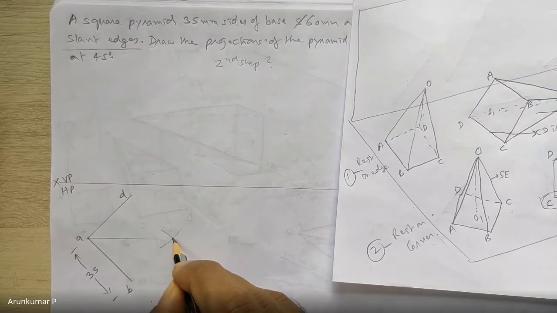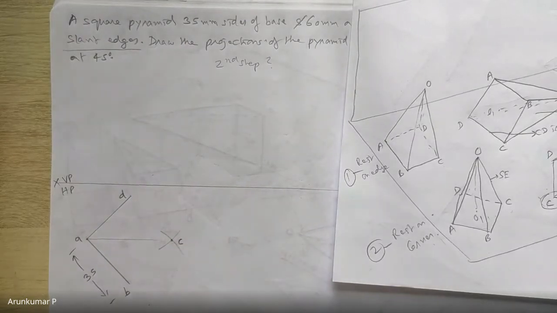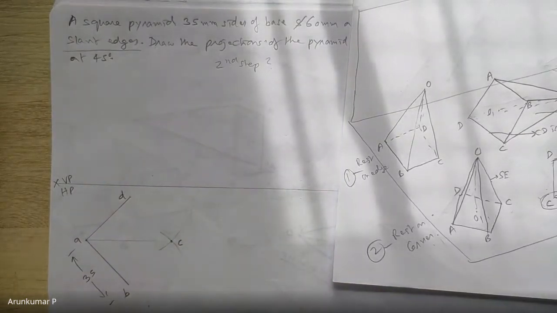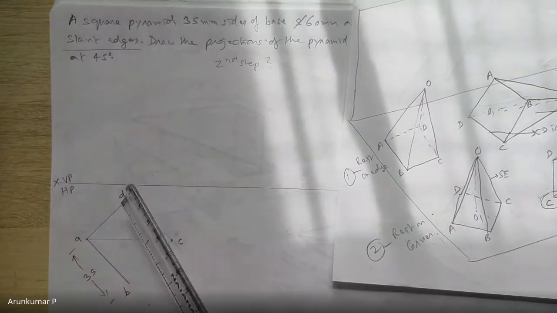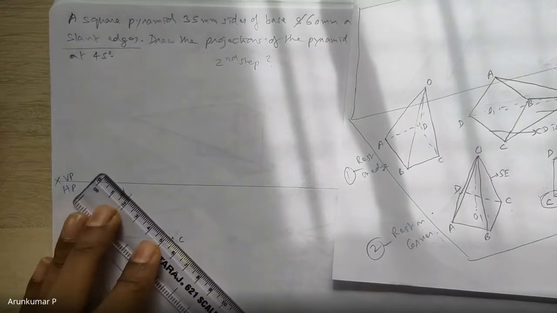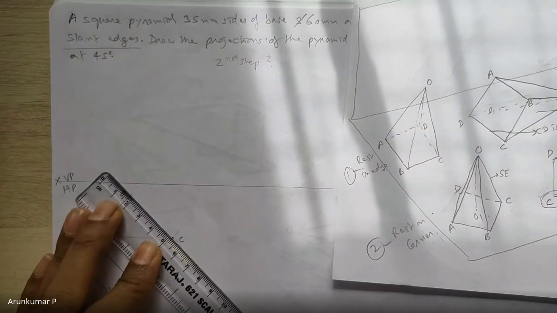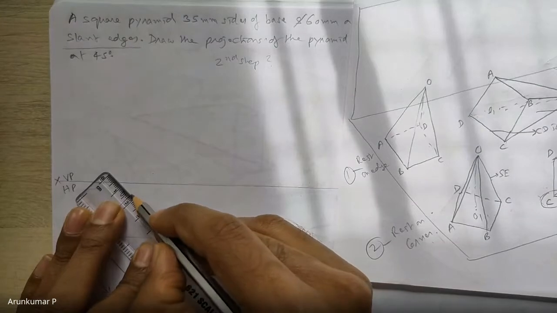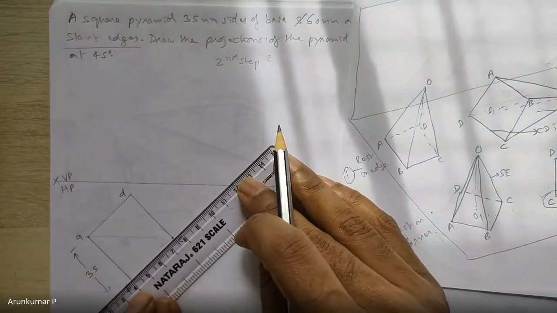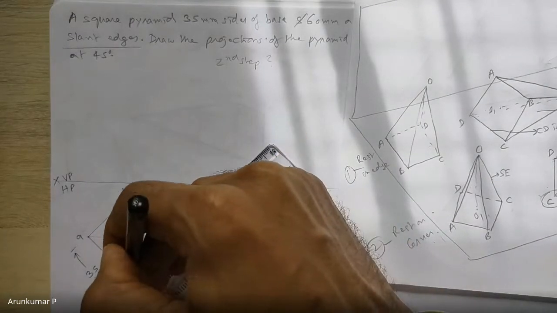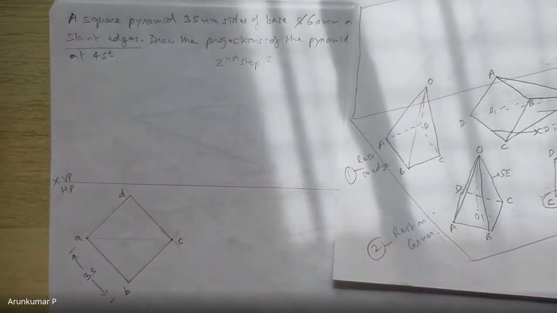So this would be C. So this is how you can locate the corner C, provided you have the corners B and D, by using the rounder. So this would help you to draw the square resting on a corner. This is already done for planes.